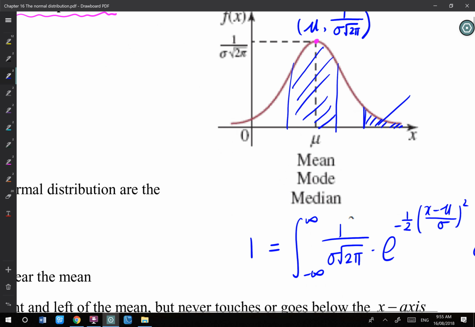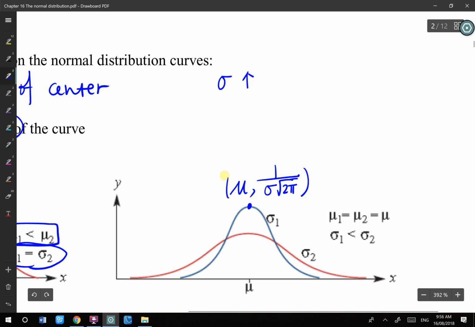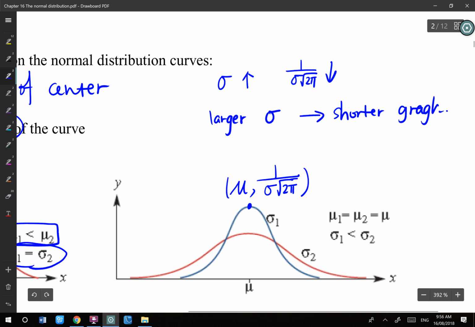So an increase in sigma will have a decrease effect on the overall value here. So a larger sigma value will give you a shorter graph.